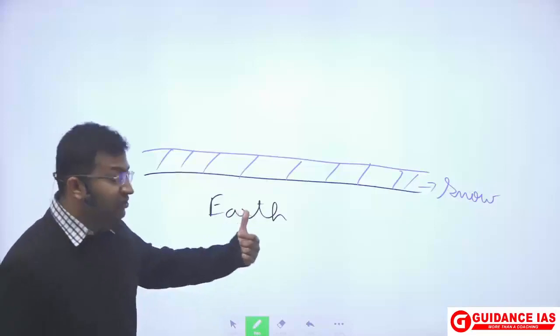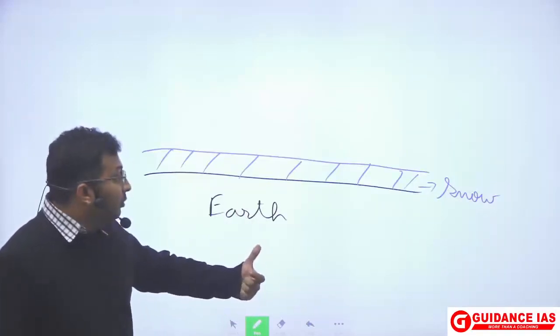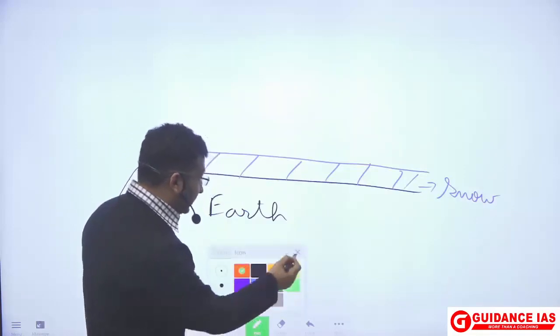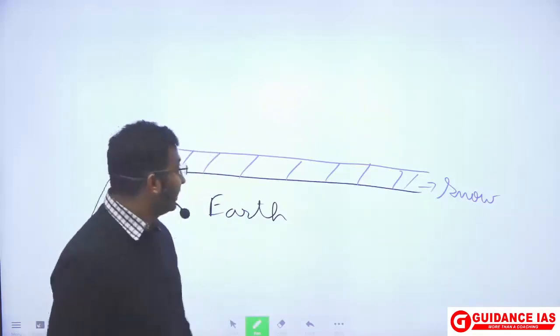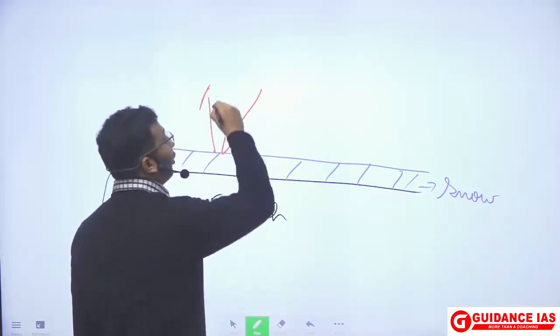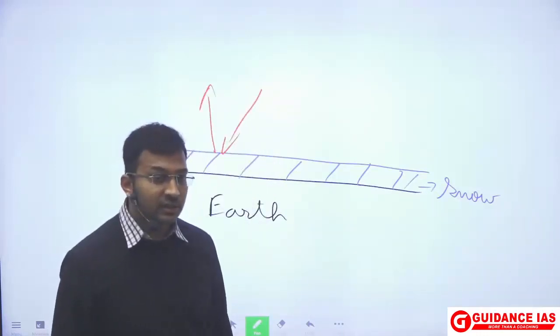If it is covered with snow, ice, what happens? Snow, due to its albedo effect, reflects all the incoming radiations.